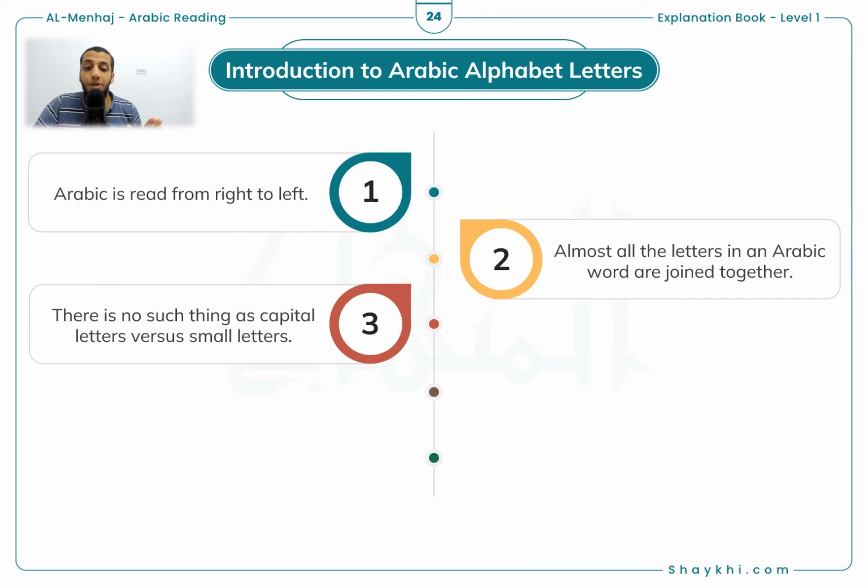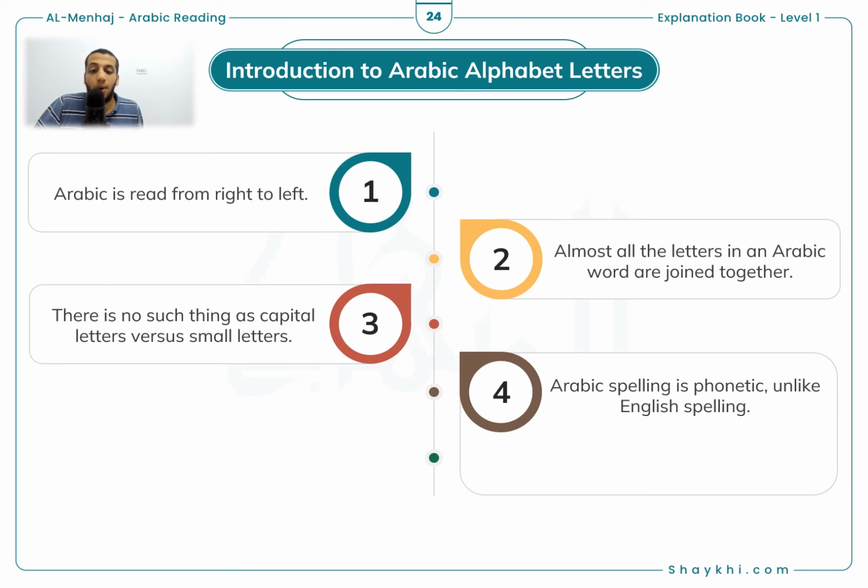The third question we have on this page and in this introduction is, is Arabic spelling easy or difficult? Let's check the answer. Arabic spelling is phonetic, unlike English spelling. We discussed this point in the last episode.